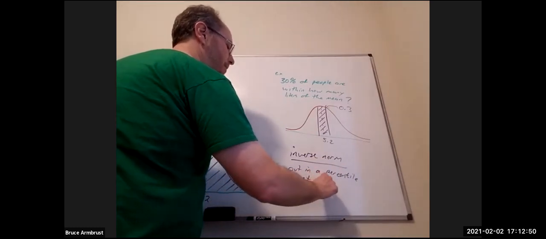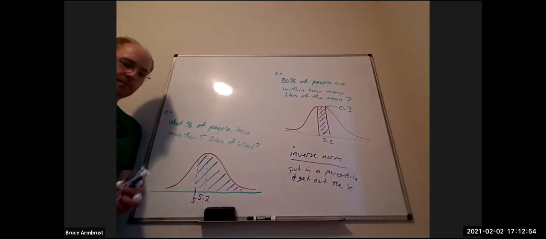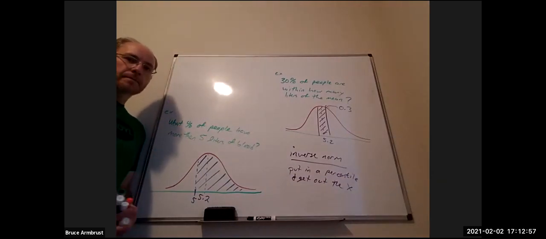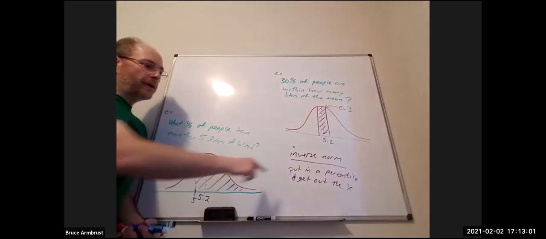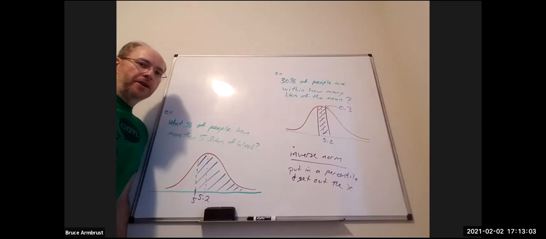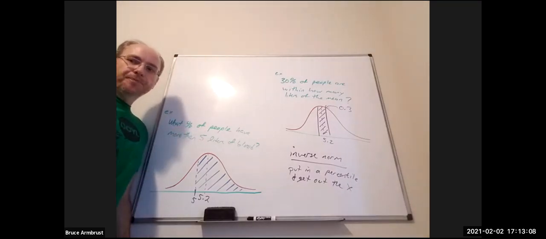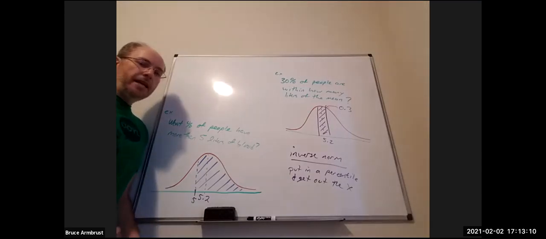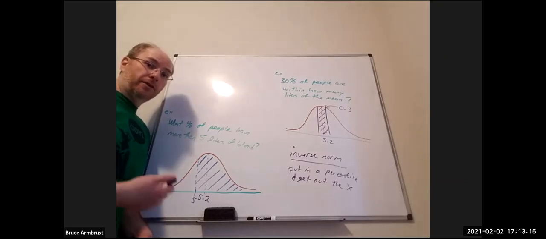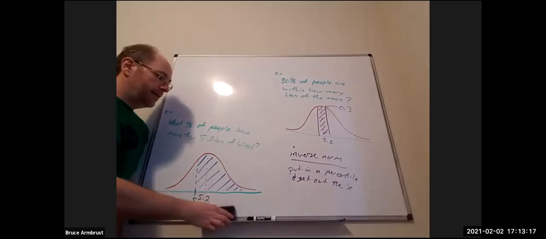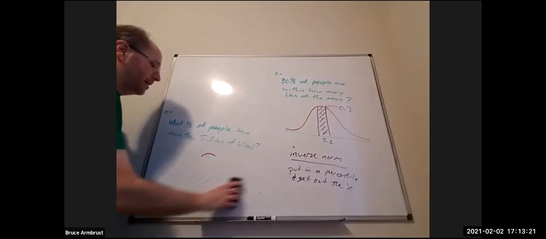And you get out the X. Okay, so it's going backwards. And that's why it's called inverse. You may remember from algebra, inverses. Those are functions that go the opposite direction. Okay, so inverse norm, it's give me a percentile and I'll give you an X. And this is actually really handy for things like quartiles and stuff like that.